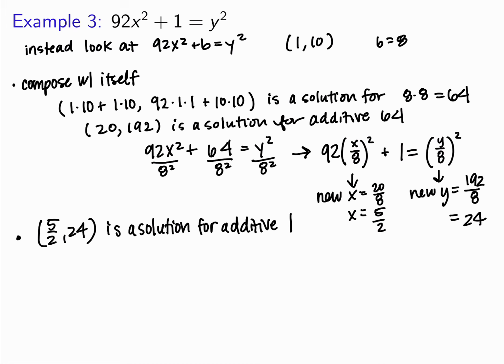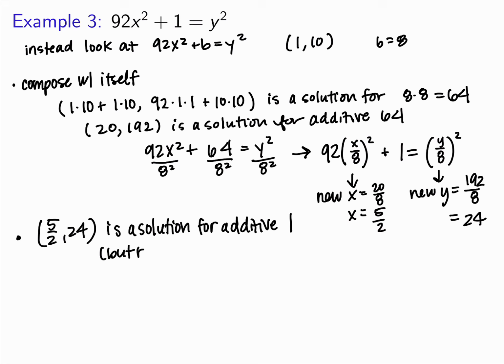And again, this method is not just a straightforward step-by-step algorithm that says this is the step you take every time and it will always work. It's more of a method. It's a fiddle around with it, play around with it, compose things with themselves, and just try to see what can happen to get back to an integer solution. So I'm going to try composing it with itself, but let's make a note real quick here.